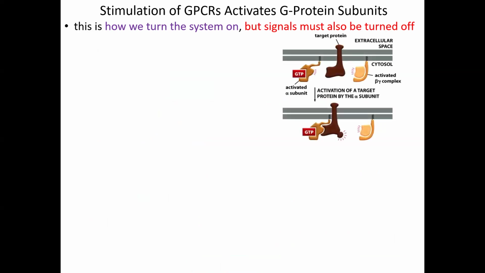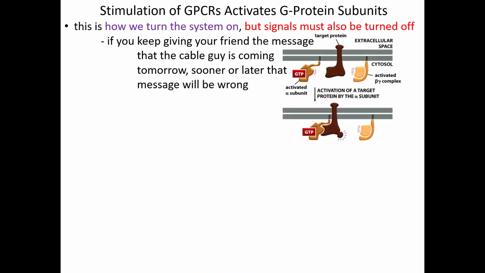But signals must also be turned off, right? I've used this analogy before in this class, but if you get a phone call, the phone call is that the cable repairman is coming tomorrow, and you take that message and you give it to your friend. You say, hey, Rumi, the cable guy's coming tomorrow.